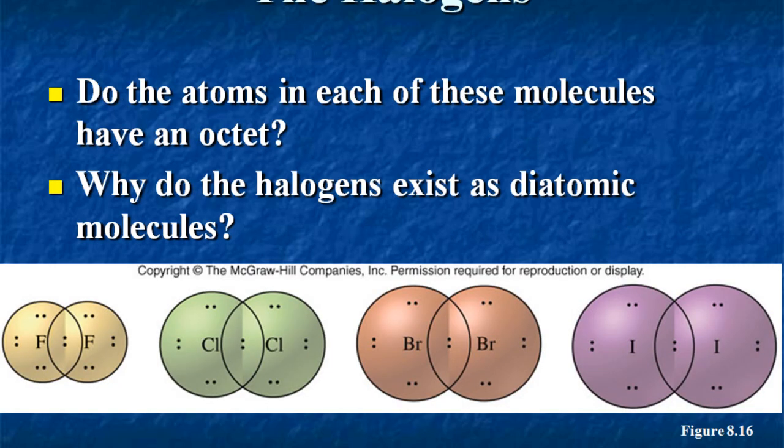Now this explains why the halogens exist always as diatomic molecules. We learned long ago that halogens along with oxygen, nitrogen and hydrogen, 7 elements, naturally exist as diatomic molecules, right? This explains it. If you look at halogens, each halogen has 7 valence electrons, right?